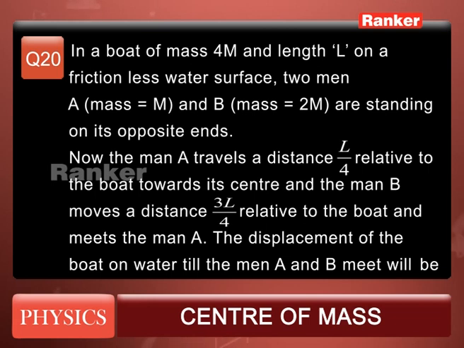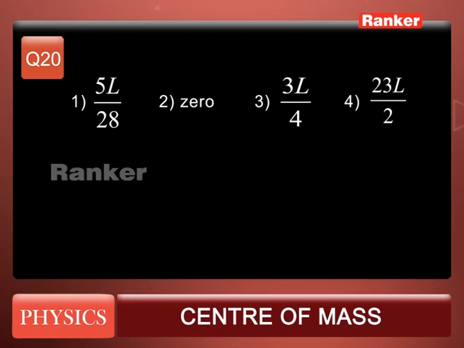Now, man A travels a distance L by 4 relative to the boat towards the center, and man B moves a distance 3L by 4 relative to the boat and meets man A. The displacement of the boat on the water till men A and B meet will be: first option 5L by 28, second option 0, third option 3L by 4, and the fourth option 23L by 2.